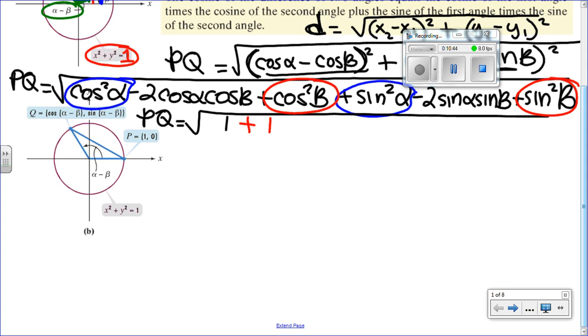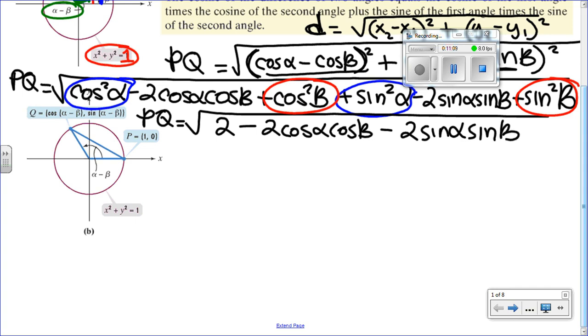So 1 plus 1, let's just put 2. You guys know where those 1s come from, yeah? And 1 plus 1 is 2, yes? Are you guys okay with that? So 2. Then let's copy the rest. So here, minus 2 cosine alpha cosine beta minus 2 sine alpha sine beta.